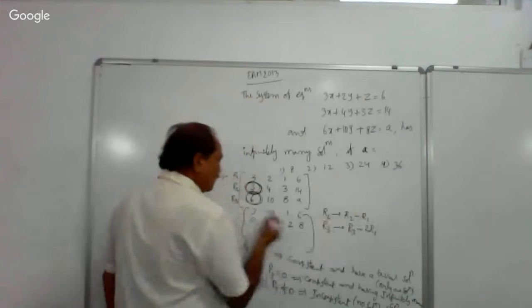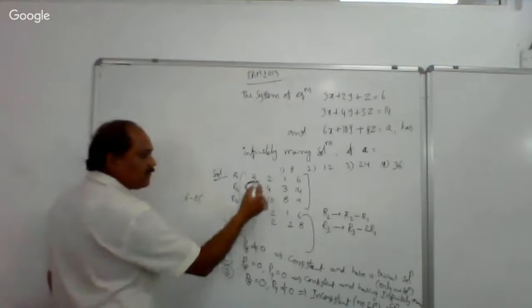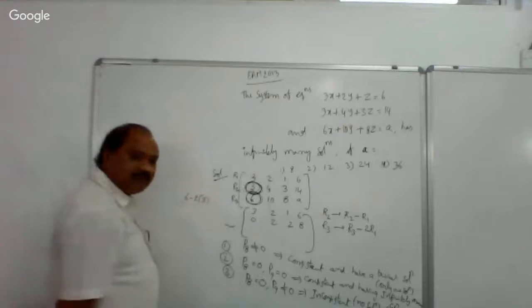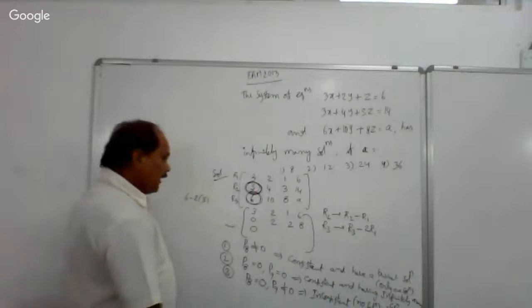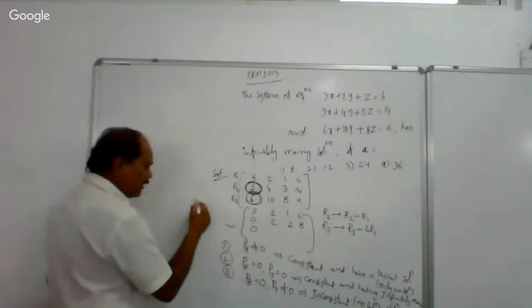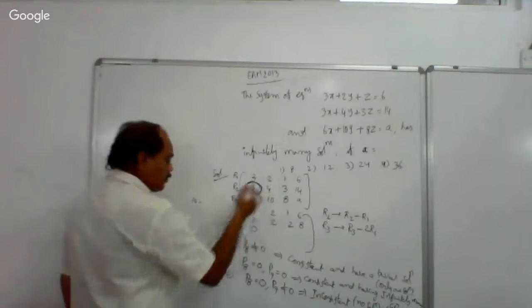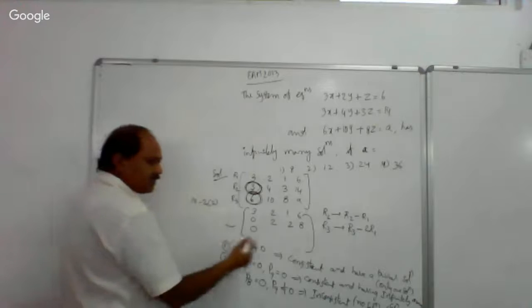R3 minus 2R1. R3 means 6 minus 2 times of R1, R1 is 3. That is 0. Next, 10 minus 2 into 2, that is 6.